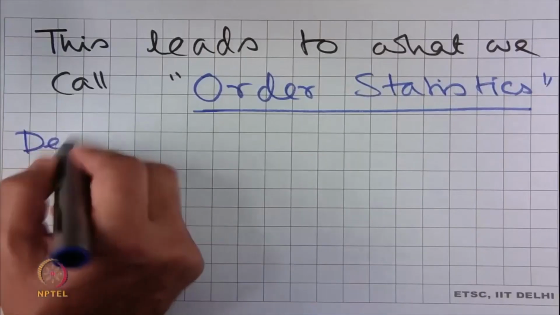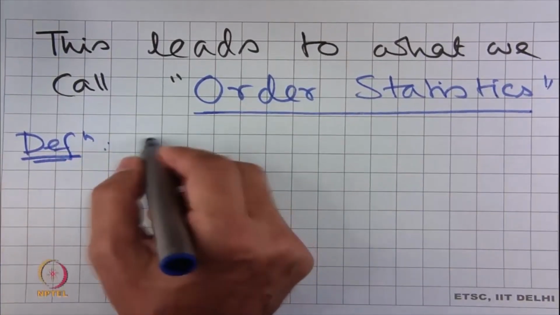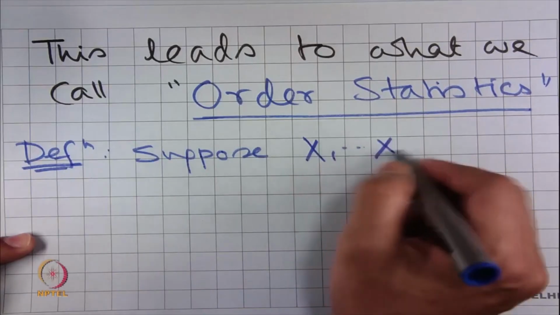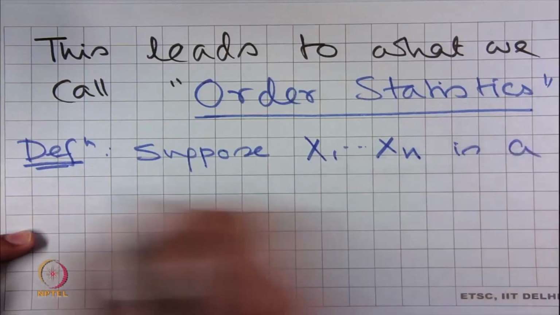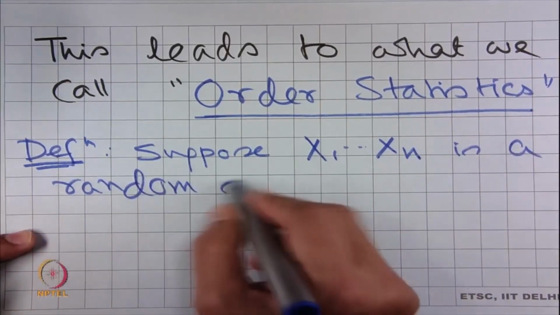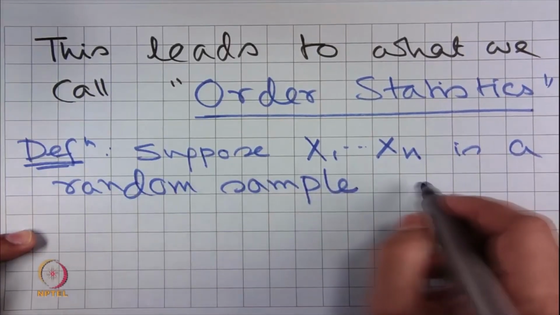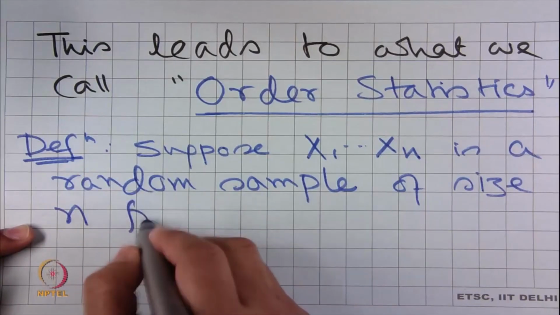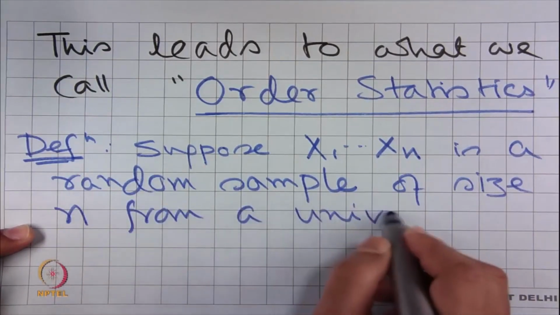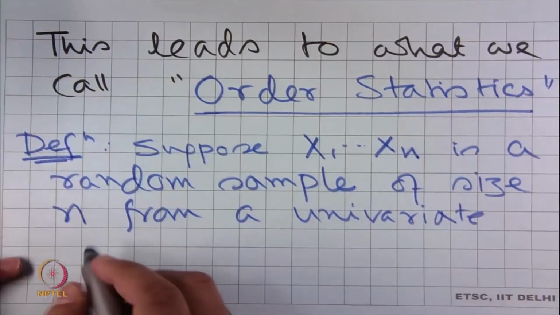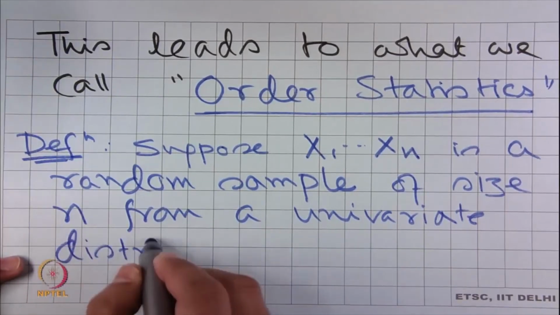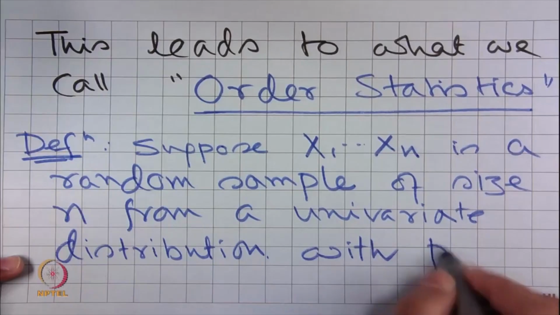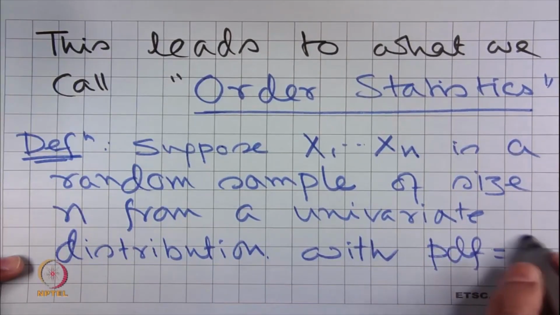So, definition. Suppose x 1, x 2, x n is a random sample of size n from a univariate distribution with PDF equal to f x.